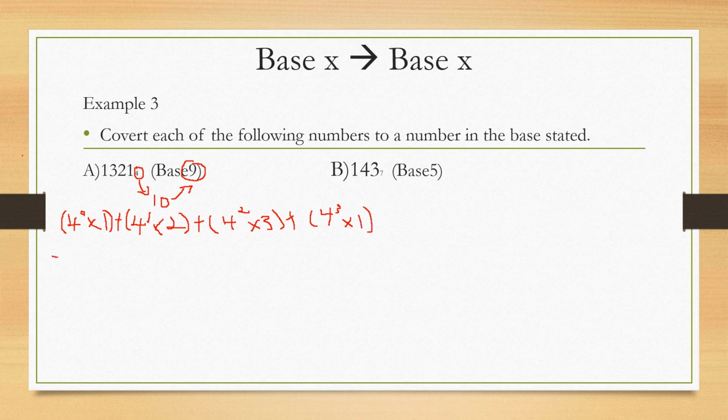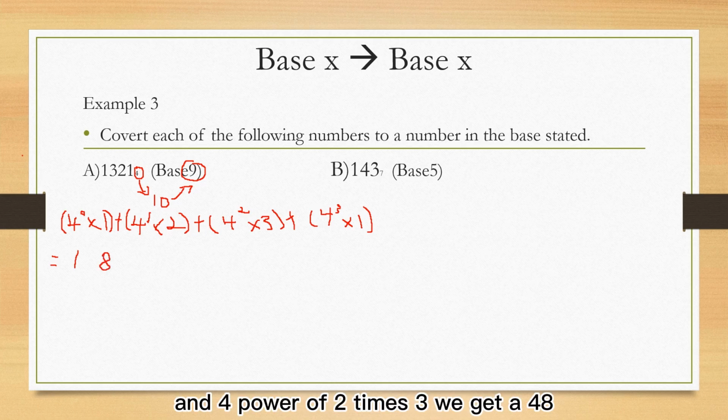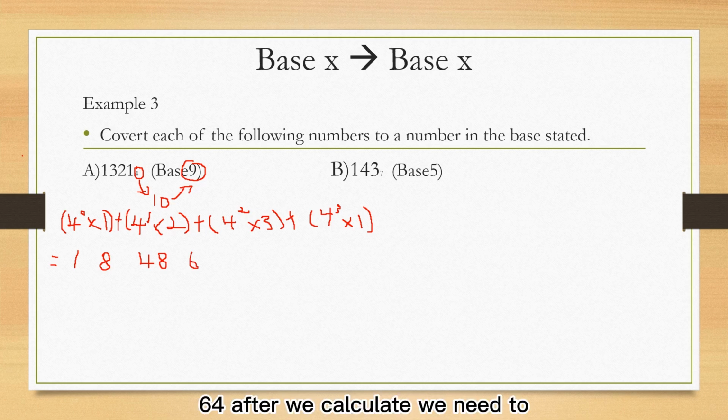So 4 power of 0 times 1 gives 1, 4 times 2 gives 8, 4 power of 2 times 3 gives 48, and 4 power of 3 times 1 gives 64.